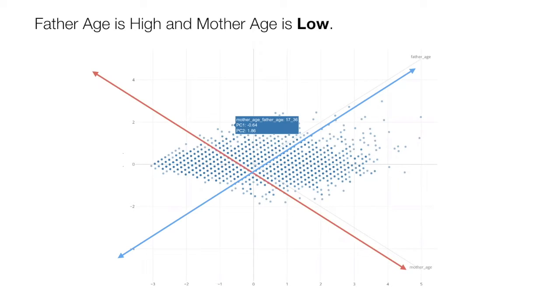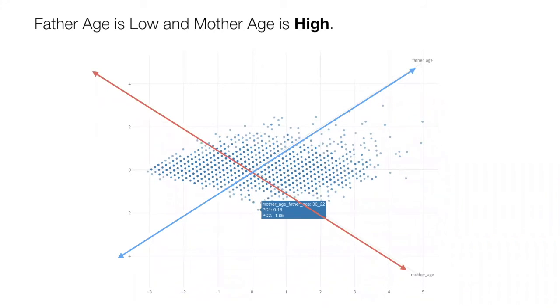The opposite way is lower. So this dot is closer to the lower side of the mother age dimension, therefore 17 is much lower than the average. On the other hand, for the father age dimension, 0 is the average, and that place is on the higher side of the 0 point. So that's why it's 36.